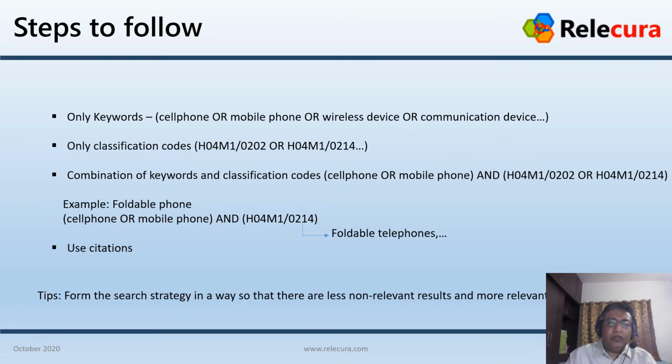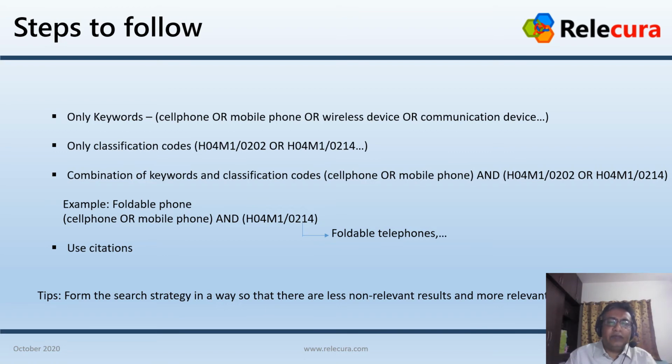Another important scenario is whenever you search, you should be able to use keywords and the classification code in a very good format. One important form is that, suppose you are not getting the keywords related to the invention, you look for classification code, and instead of keywords you should do the AND with classification code, or OR with classification code.